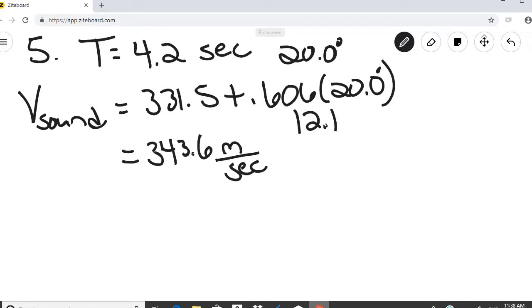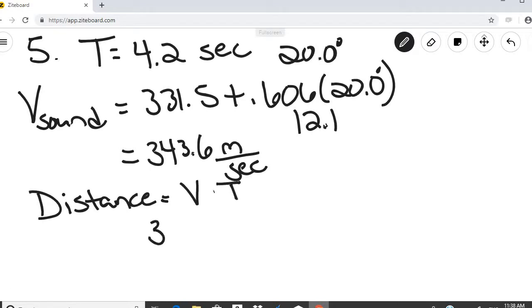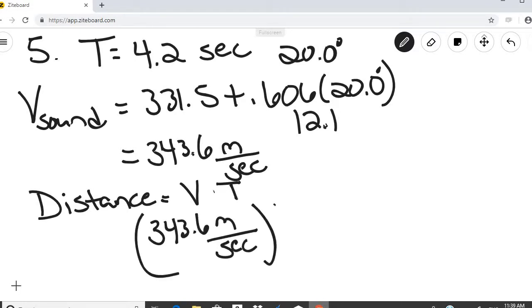And then we know that distance is equal to the velocity times the time. So 343.6 meters per second times 4.2 seconds. So those seconds will cancel.